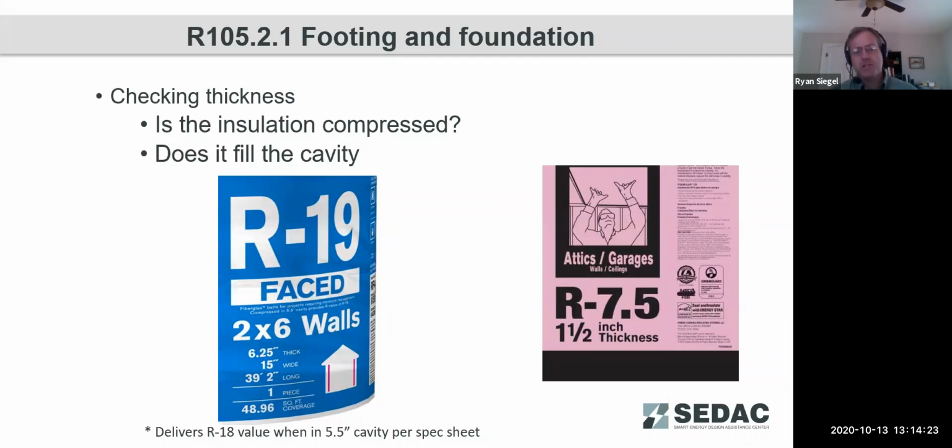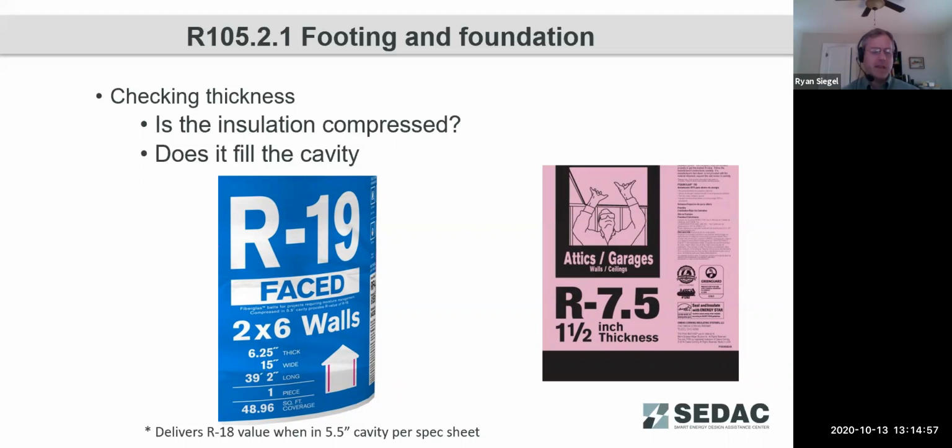And so this particular product in the cut sheet notes that if you place this insulation product that states it's for 2x6 walls into a 5 1/2 inch cavity, which would be a typical 2x6, it only is an R18. So again, just because it says it on the label doesn't mean that's what the R value is as installed. Foam insulations tend to have much less issues with compression.